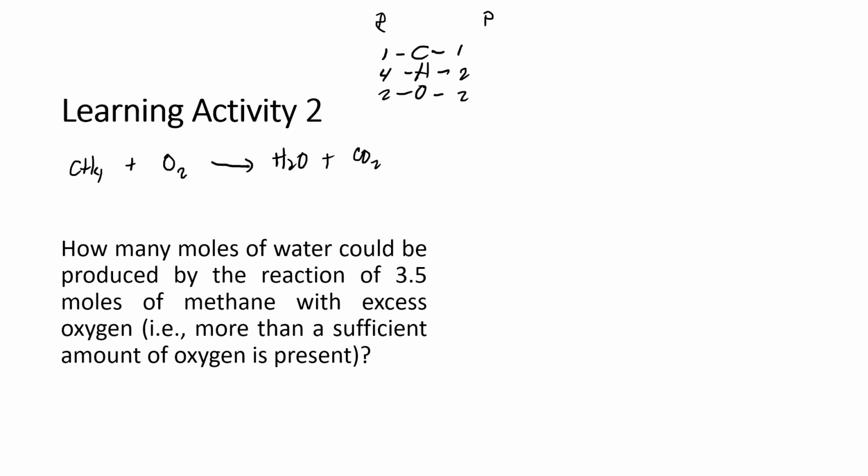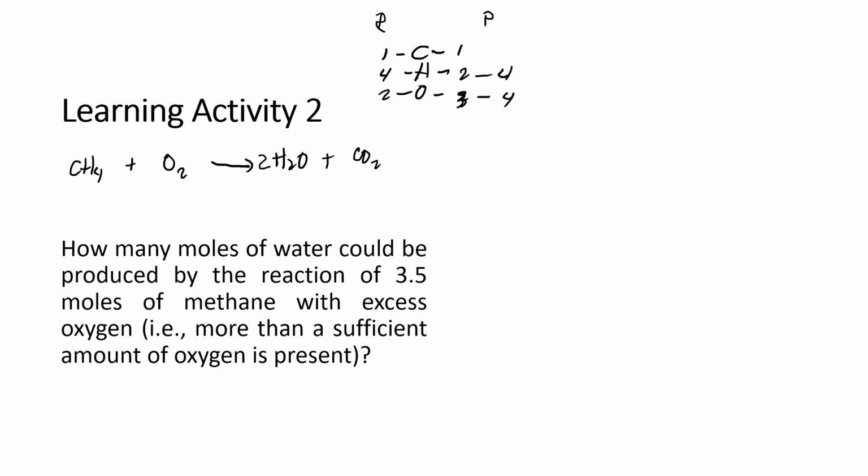Okay, so saan tayo maglalagay ng 2? So, we try to balance that by putting coefficient sa water, which is 2. Okay, so magiging 4 ang hydrogen natin. Ang oxygen natin ay magiging 4.